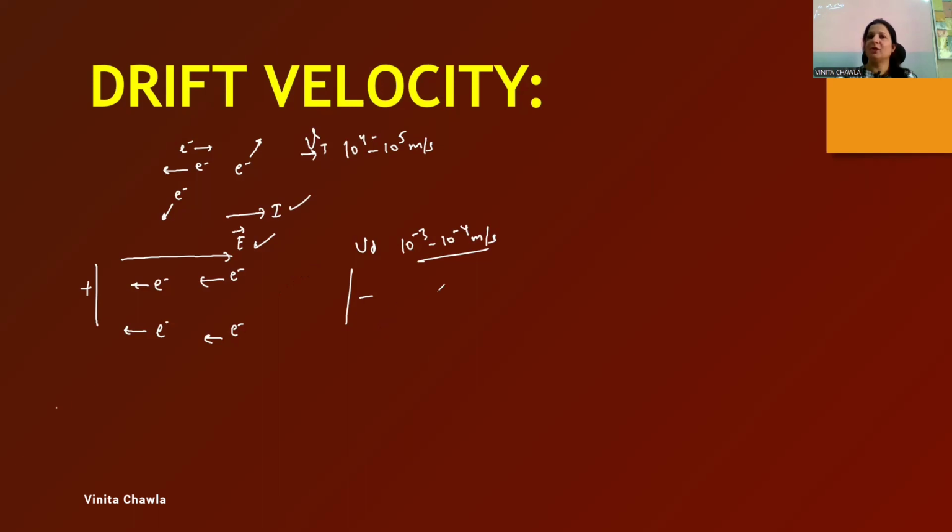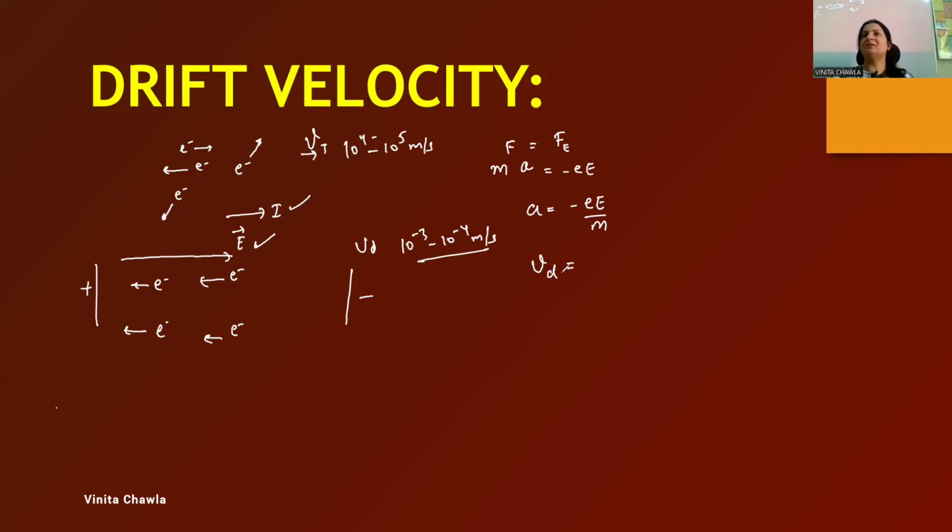ये किया था. इसके बाद हमने क्या किया था? जो acceleration होगा, mass of electron, this force is equal to electrostatic force, है ना? तो minus EE, and from here we had written the relation of acceleration minus EE by m, and then VD is equal to average drift velocity.